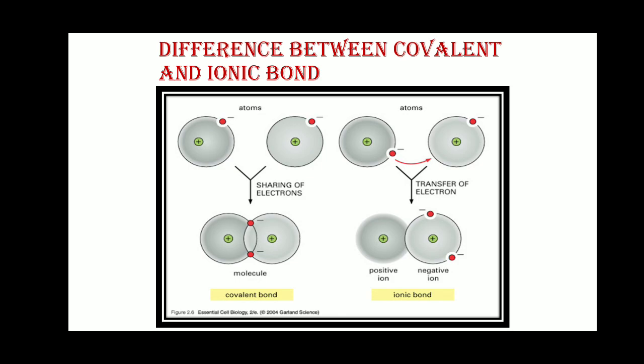So covalent bond is formed by the sharing of electrons, and ionic bond is formed by the transfer of electrons. But both ionic bond and covalent bond are formed by atoms to attain stability. So they attain stability either by transfer of electrons or by sharing of electrons.